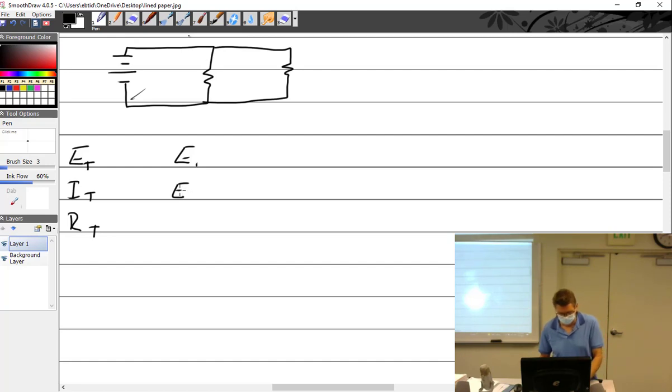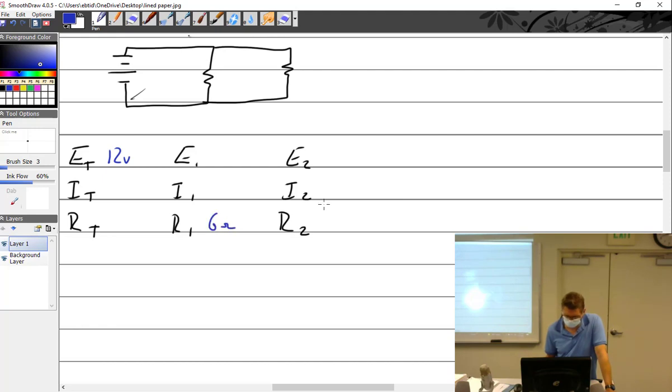All right, E sub 1 and I sub 1 and R sub 1, and then E sub 2 and I sub 2 and R sub 2. All right, and then I will give you 12 volts, 6 ohms, and 4 ohms. Mark, set, go.